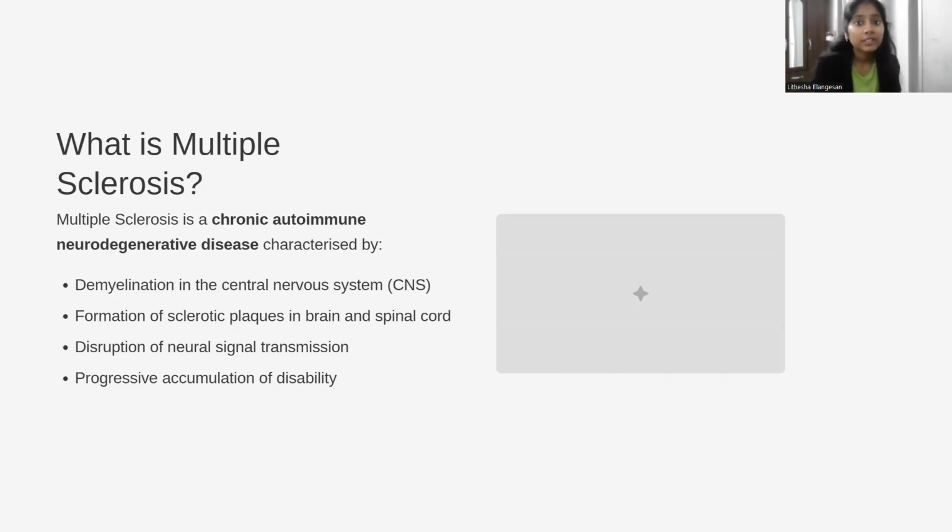Because the myelin sheaths are destroyed, this disrupts neural signal transmission, because myelin sheaths are essential for fast impulse transmission. They are involved in a process called saltatory conduction, which we will look at later on. And this disease involves the progressive accumulation of disability.